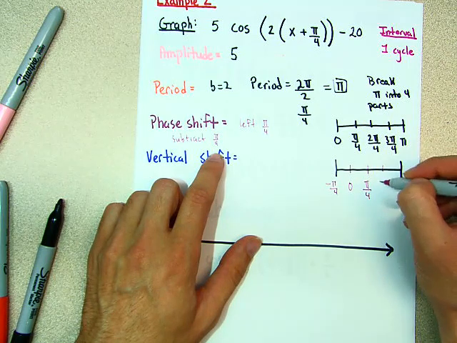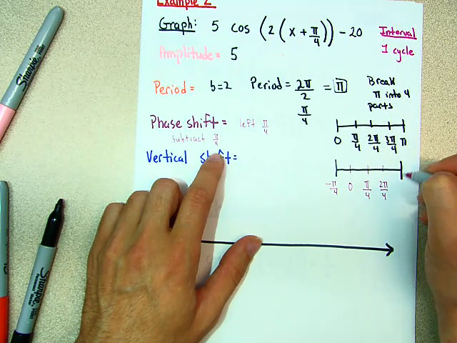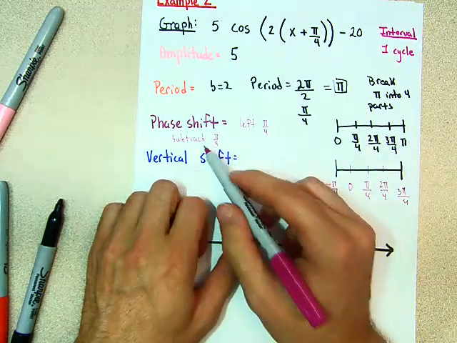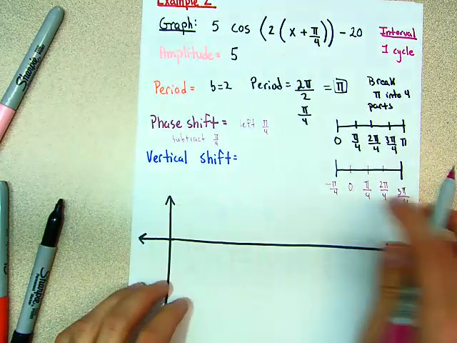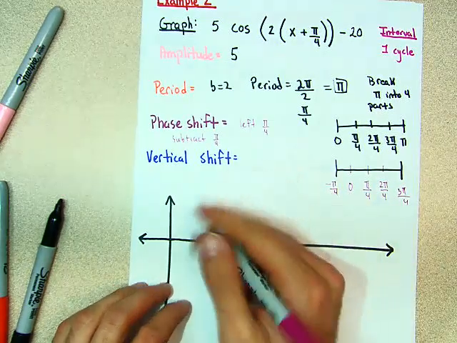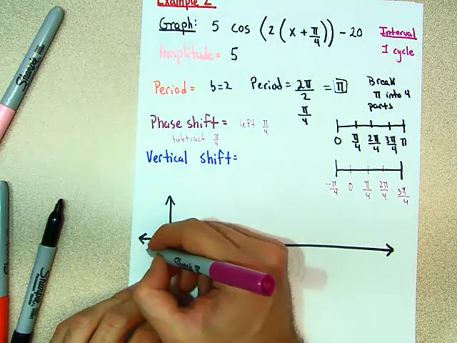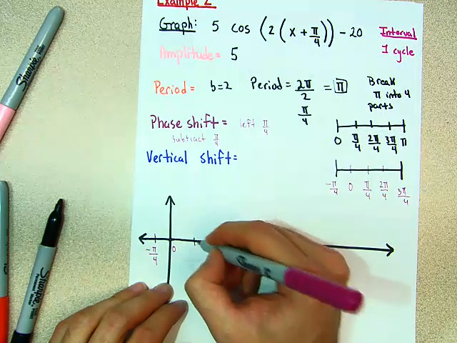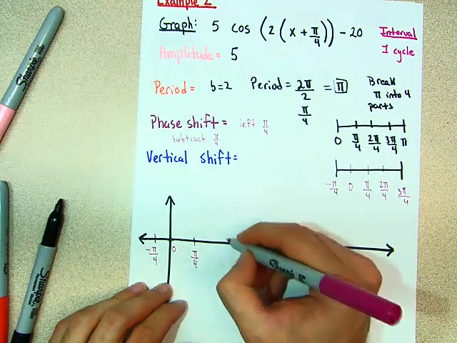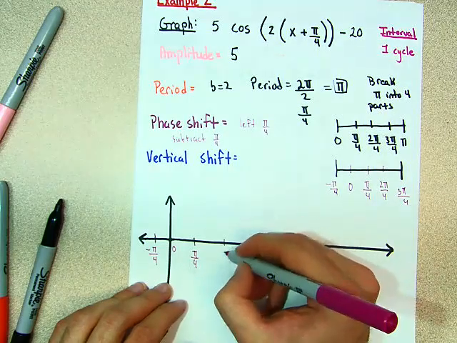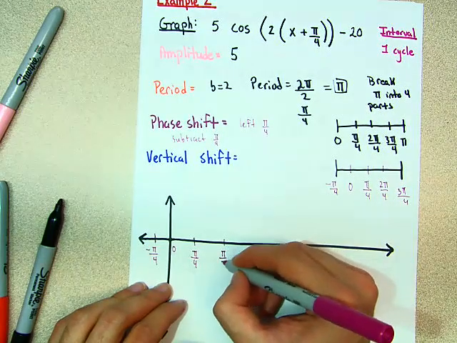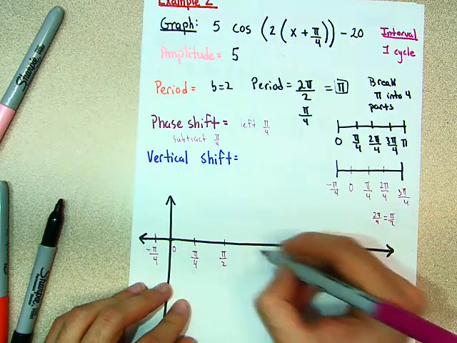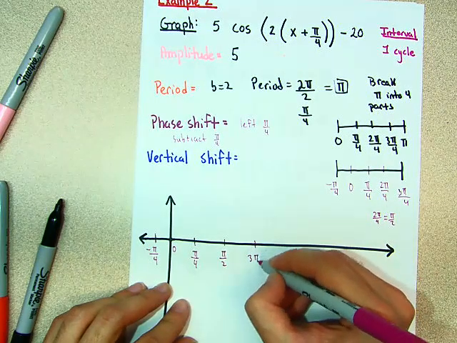And this is 2 pi over 4, and this will have to be 3 pi over 4, because if I take the last one and subtract pi over 4, I get 3 pi over 4. And this will be our interval. So here, the first part is negative pi over 4. This part is 0. This part is pi over 4. This part is 2 pi over 4, or we could just say pi over 2. Remember, 2 pi over 4 is equal to pi over 2. And this is 3 pi over 4.